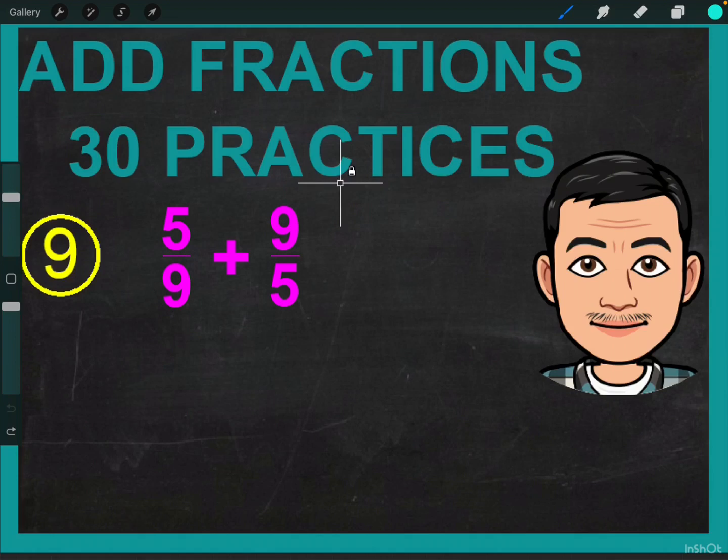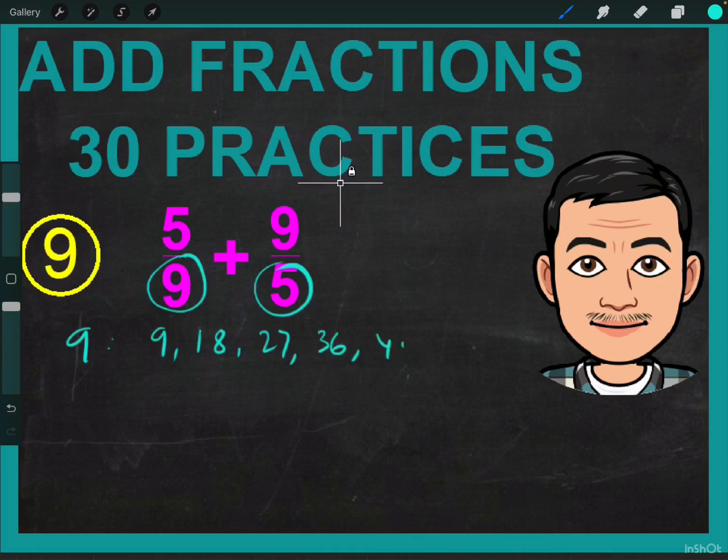Practice number 9. We have two fractions with different denominators, 9 and 5. So we go ahead and find the LCM for 9 and 5. For 9 we have multiples 9, 18, 27, 36, 45.